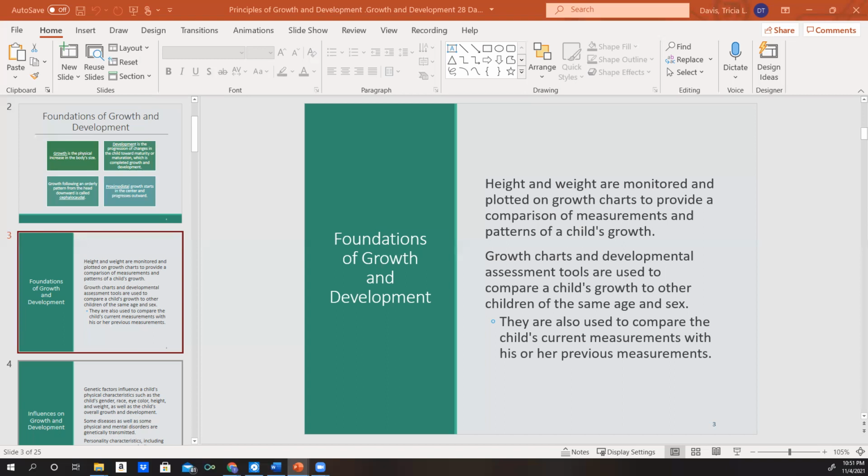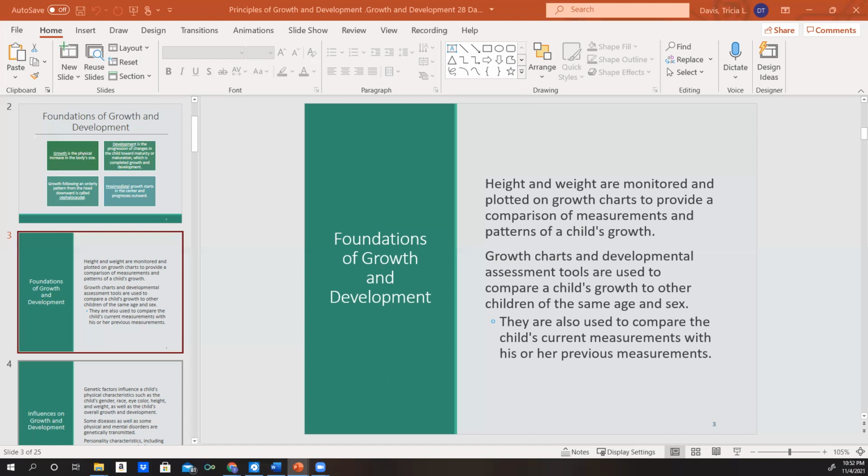Growth charts and developmental assessment tools that we find in pediatricians' offices and in the hospitals are used to compare the child's growth that you're measuring at that time to other children of the same age and the same sex, to determine if that child is above or below that standard, what we consider that standardized normal range. Now, children can be above the standardized normal range or below and still not have any type of issues.